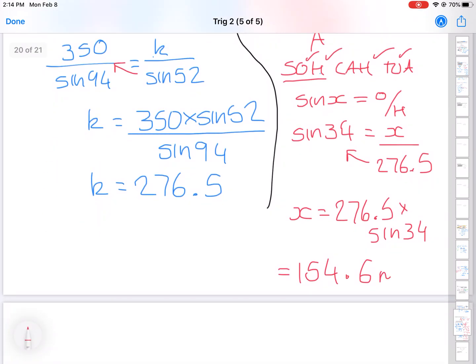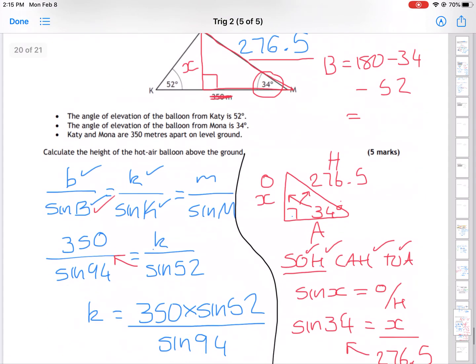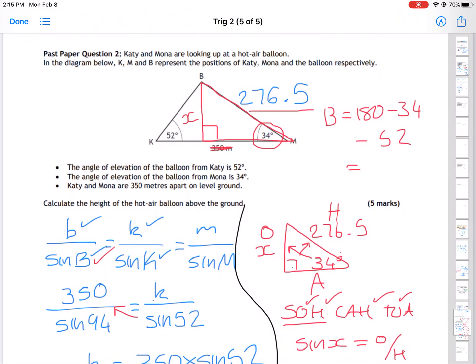So the height of the balloon is 154.6 metres. Again, not going to see this in every single question. It does require quite a lot of working, and that's the reason that we did the SOHCAHTOA recap before this question.